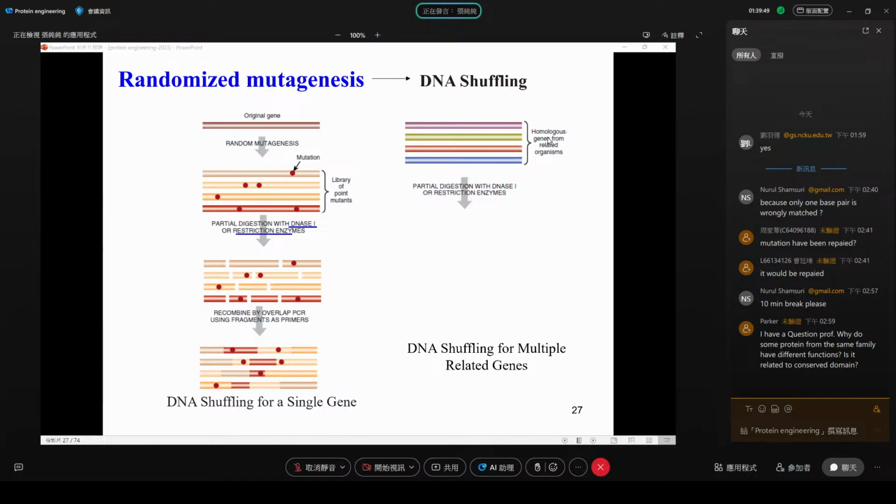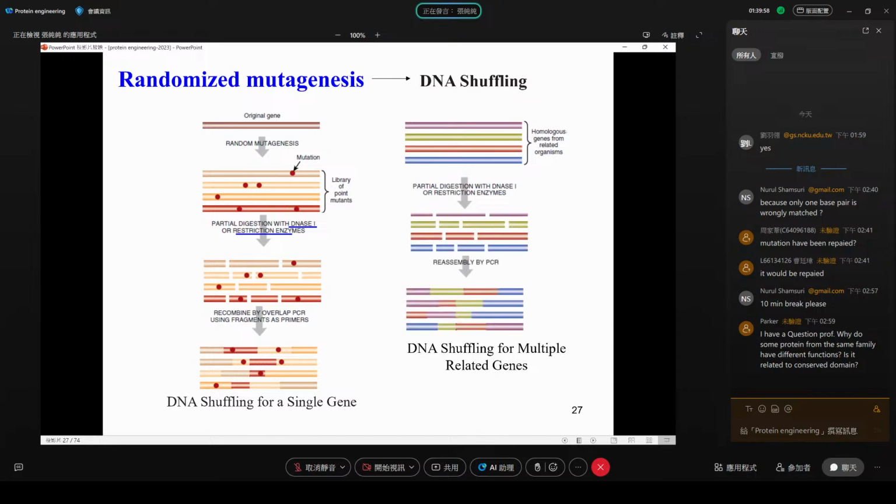So homologous genes can also do something like this. After DNA shuffling, you will get multiple related genes fused together. Then you can do PCR to generate a new form. So that's the DNA shuffling idea for randomized mutagenesis.